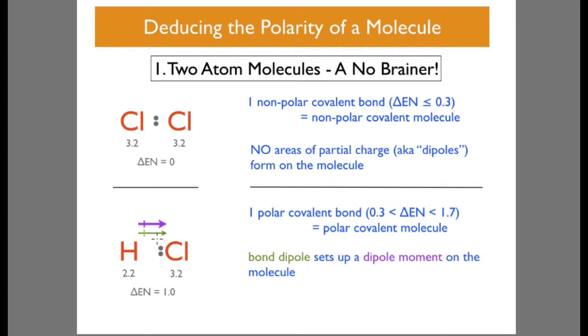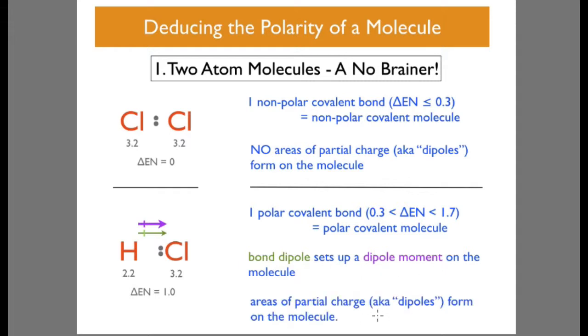And you can see here, the bond dipole goes from the hydrogen to the chlorine atom, as we know, and we can use this little green arrow, okay? But since these are the only two atoms in the molecule, it'll also set up a dipole moment on the molecule itself. And this is shown here with the violet arrow there. It shows the dipole moment of the molecule.